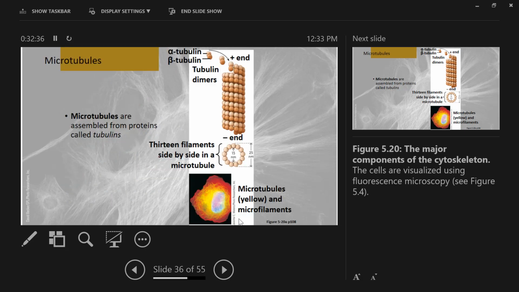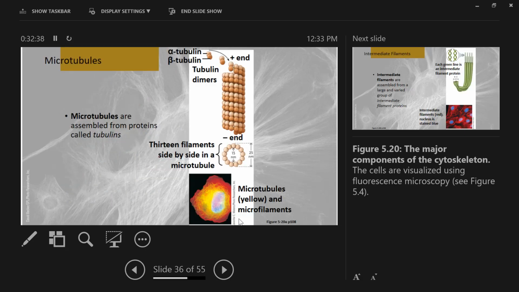Yeah. So here's an image of a single polymer of tubulin. And so you can see tubulin as this dimer, again, a protein with quaternary structure. Two separate polypeptides functioning together to accomplish a single task. And that task is to be assembled together into a really long polymer to form a chain.